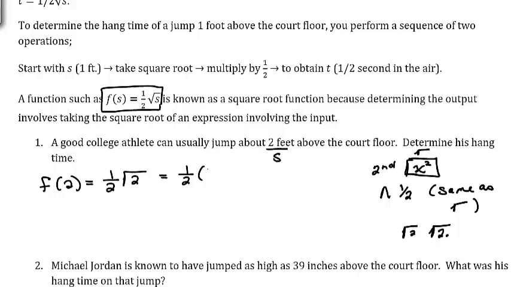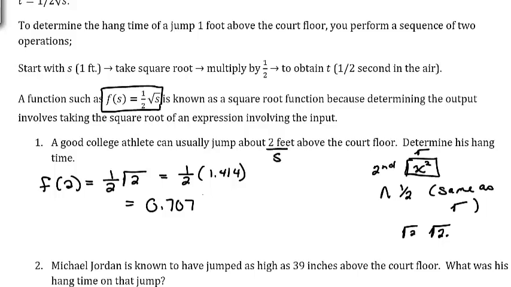So I'm going to try this again, typing 2 with a decimal point, and when I hit enter this time, I get 1.4142, and I'm just going to go out to 3 decimal places. Then I want to multiply that by 1/2, so I take my answer and multiply it by 0.5, and that gives me 0.707 if I stick with 3 decimal places.